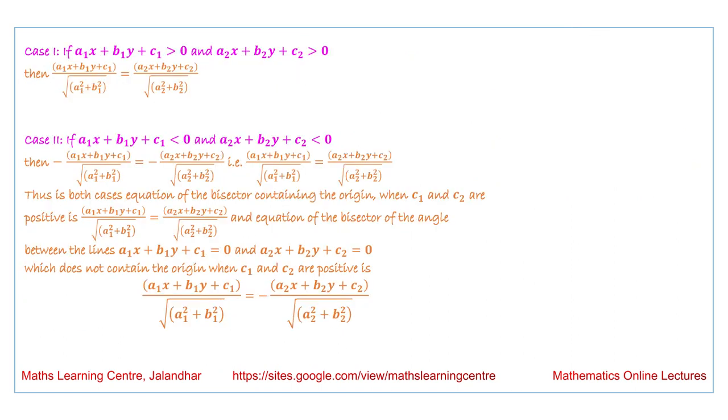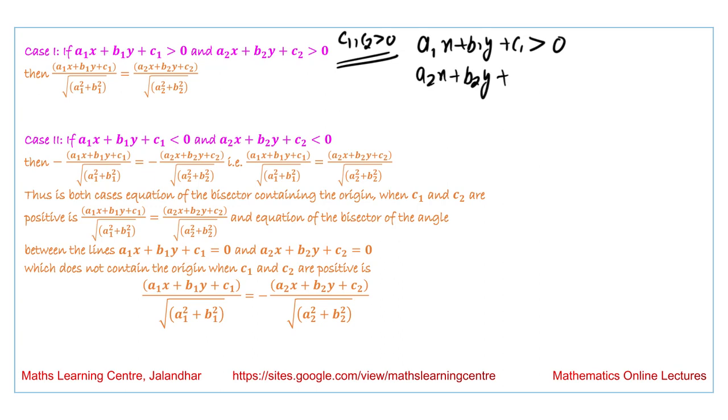Based upon this, we have the following conditions. We are considering C1 and C2 positive, then a1x plus b1y plus c1 is greater than 0 and a2x plus b2y plus c2 is greater than 0. Both these values are greater than 0.